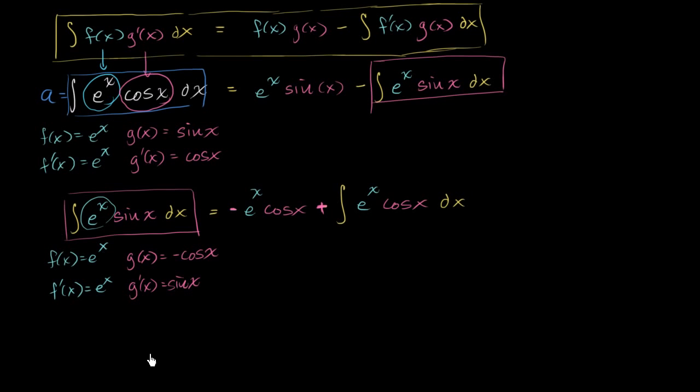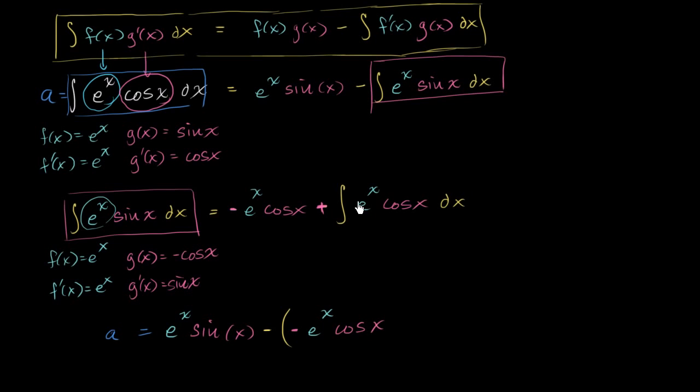So now we can say that a is equal to this business, which is equal to e to the x sine of x. I'm just using a to simplify the notation a little bit. e to the x sine of x minus this business, which we just figured out was negative e to the x cosine of x.